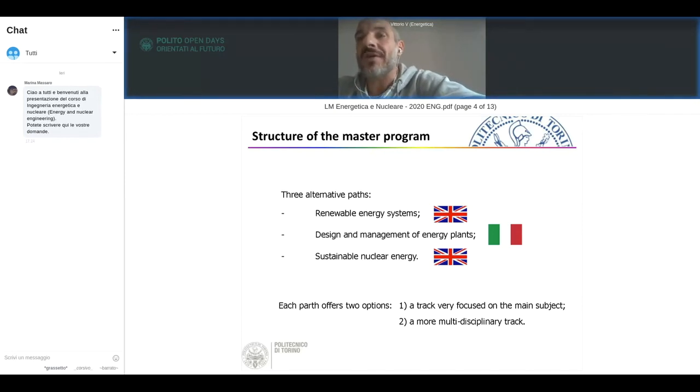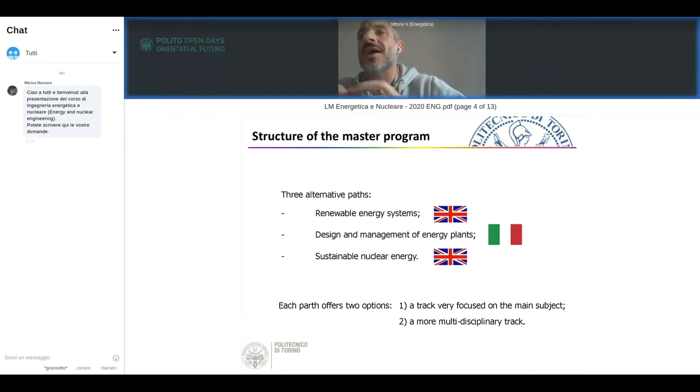Then we have a path which is oriented towards the design and management of energy plants, and this is entirely in Italian. And finally, there is a path focused on sustainable nuclear energy, and this is also entirely offered in English. Within these 3 paths, you can also select 2 tracks.